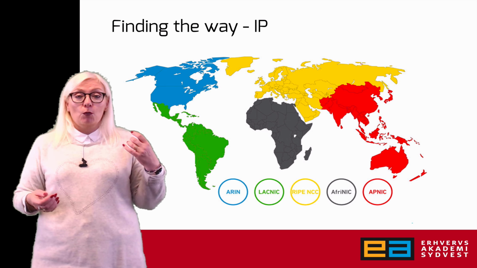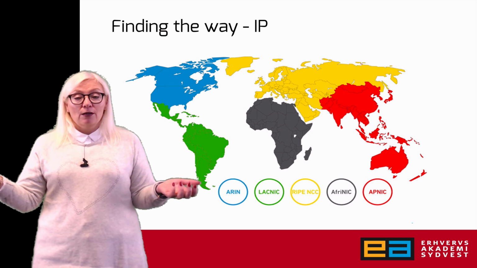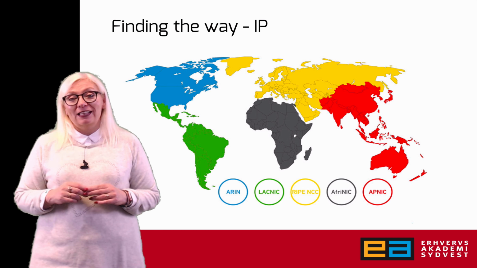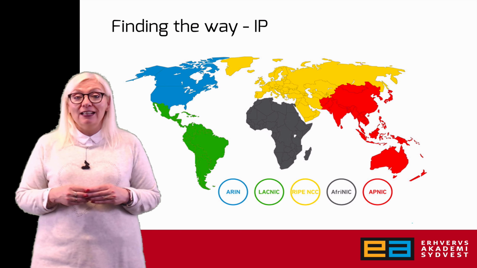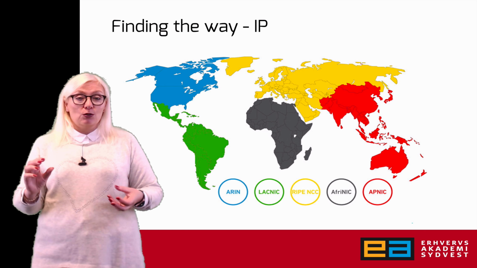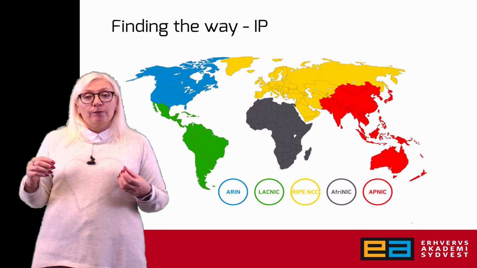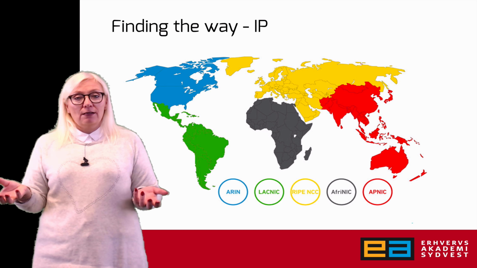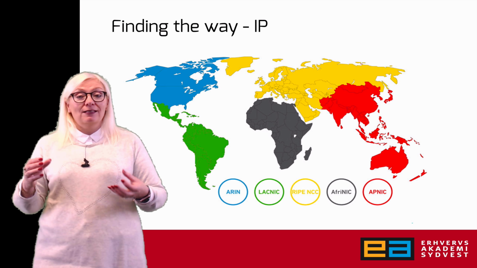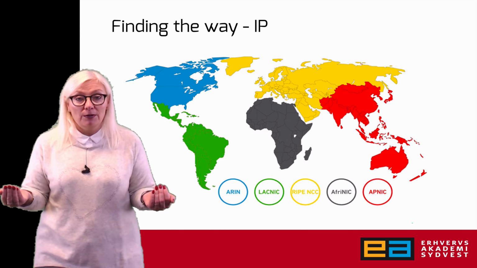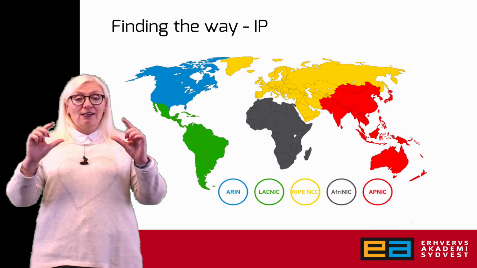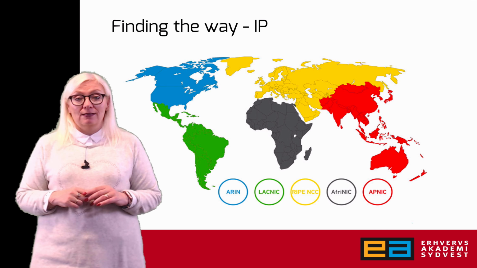Find the way from one network to another network, or on the internet, finding its way to all the devices that are connected to the internet. So this is about how to find its way. Things are routed on the internet, which means that these devices that read and understand the IP addresses, called routers, will know when they look at an address where it is present.